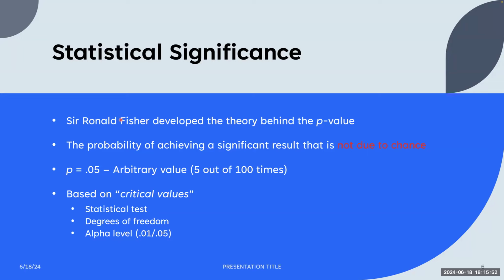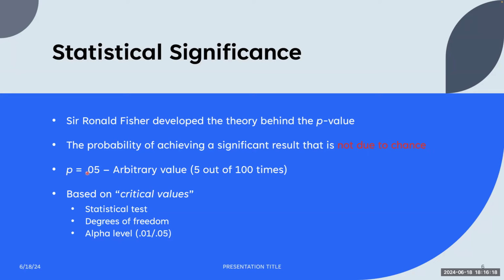But if it happens more than that, then we need to look a little further. So let's not look too much more into this, but that number came from Ronald Fisher. He could have said the p-value is 0.01, and that's what we'd be using today. He could have said the p-value is 0.10, and that's what we'd be using today.